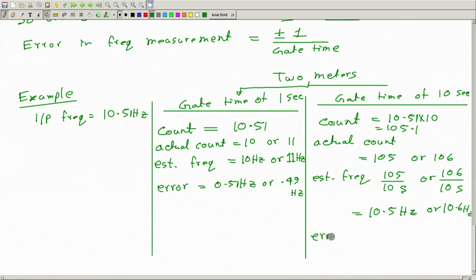So, the error will be 0 or 0.1 hertz. True frequency is 10.5, here it is 10.6. So, here you see the maximum error is 0.1 hertz, and here the maximum error is 0.5 hertz. So, in general this is less accurate, and this is more accurate.